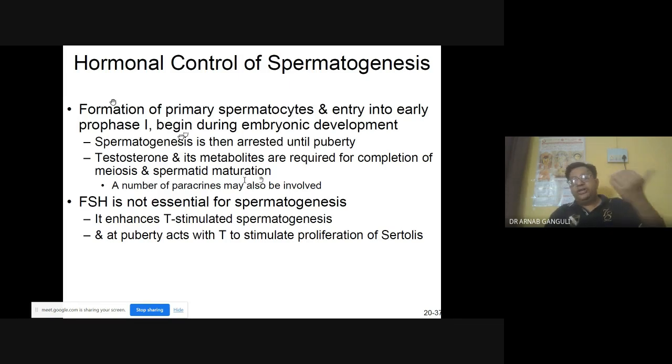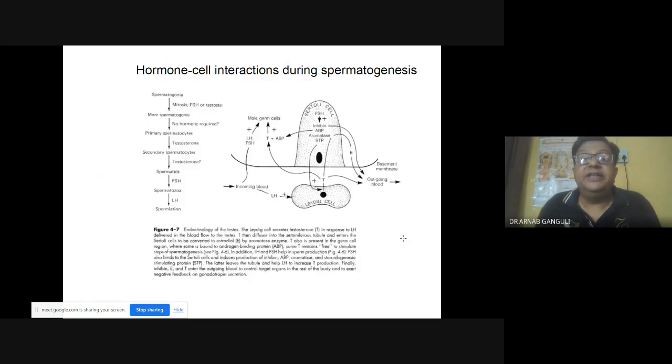You need the hormone testosterone. FSH is not essential for spermatogenesis, but it enhances testosterone-stimulated spermatogenesis. At puberty, it acts with Sertoli cells to stimulate proliferation. You need FSH for other functions which help sperm formation. Directly for spermatogenesis, it is not needed.